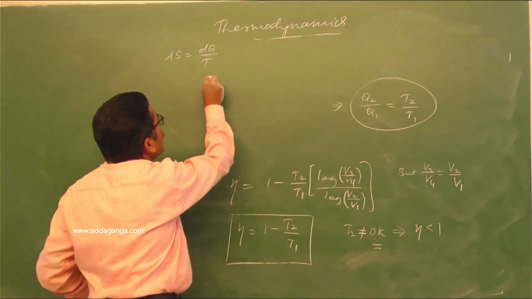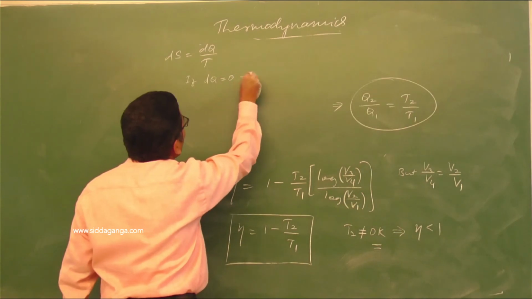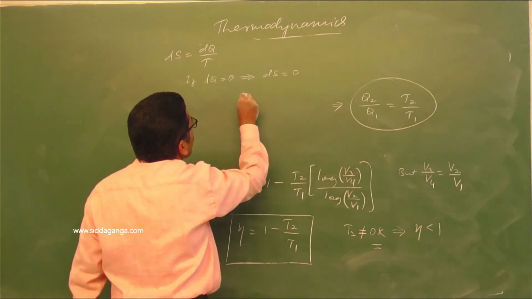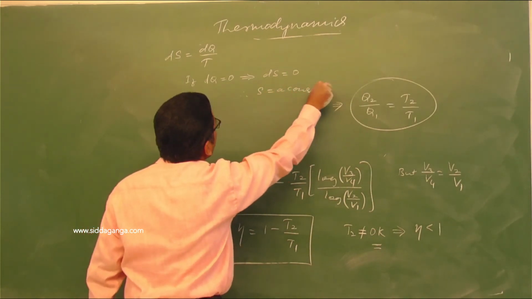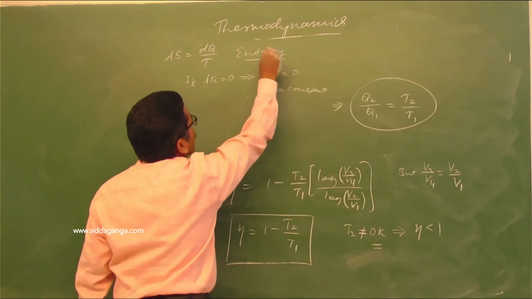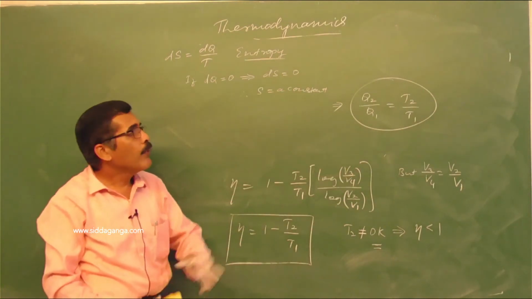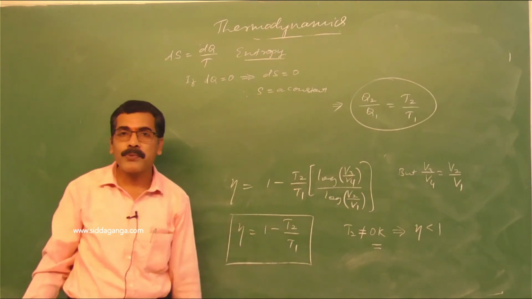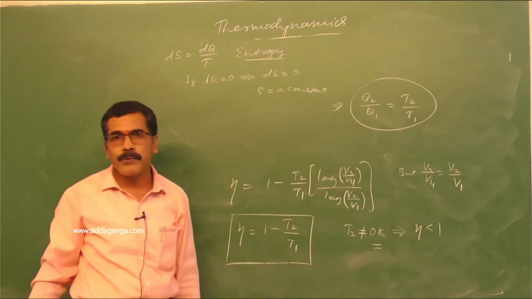Suppose if dQ is equal to 0, which implies dS is also equal to 0. Therefore, S equals a constant. This is entropy. Therefore, entropy is a physical quantity which remains constant when there is an adiabatic process. dQ is equal to 0 only when there is an adiabatic process.